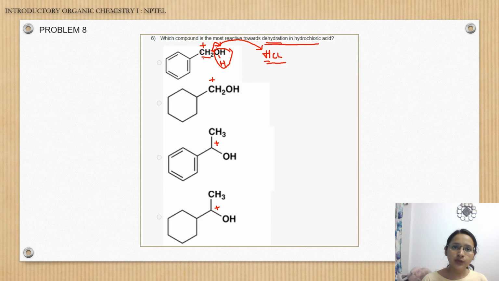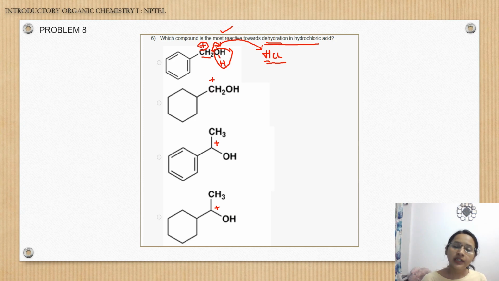Now you have to compare the stability of the carbocations to know which is the most reactive. Just tell me which will be the most reactive for this dehydration. The one species which has the most stable carbocation, right?